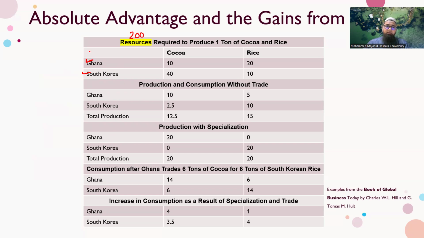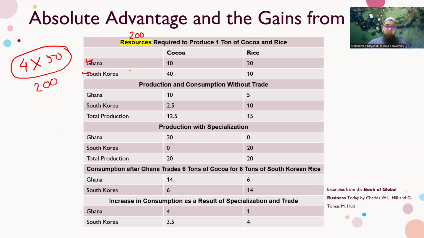Let's say there are only four people in Ghana and South Korea, just for simplicity to understand the theory, nothing else. They have 50 hours a month to work, so it will be 200 resources. Resources mean the capability, the capacity you have.